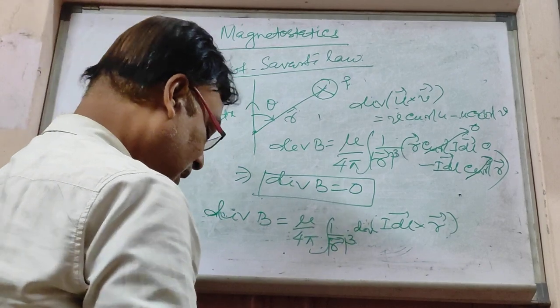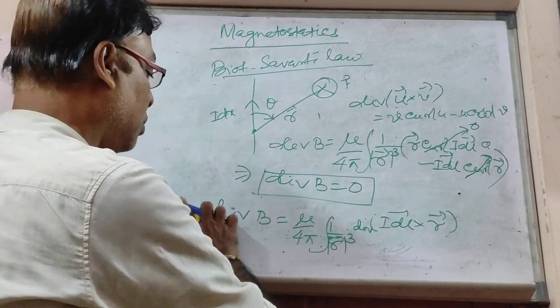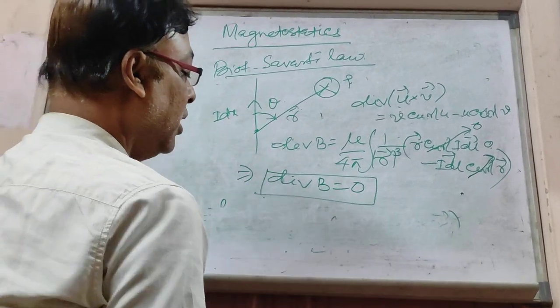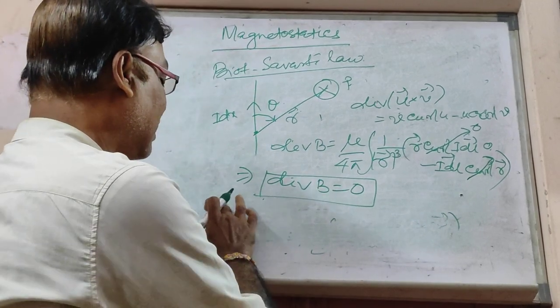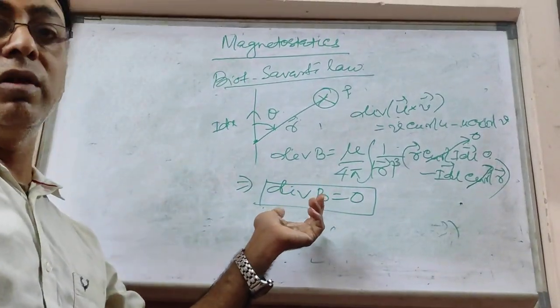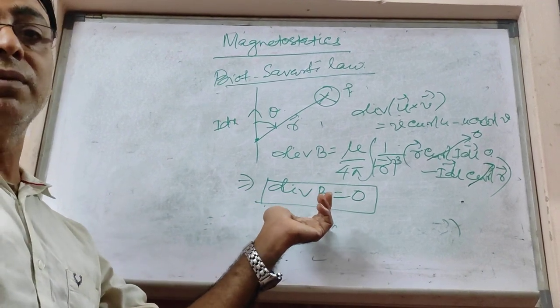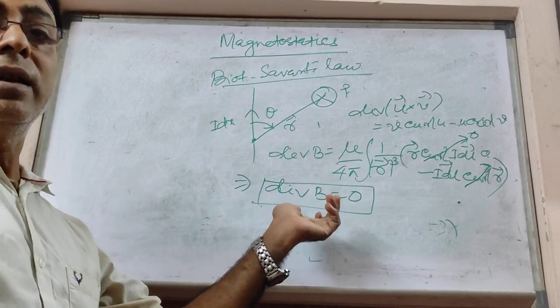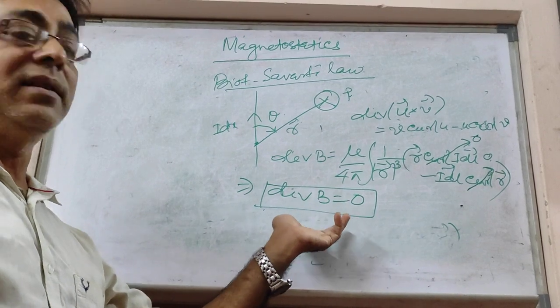What it signifies exactly is very important. This equation represents that the magnetic field is a solenoidal field. That means whatever flux is entering, that much flux is leaving the surface.